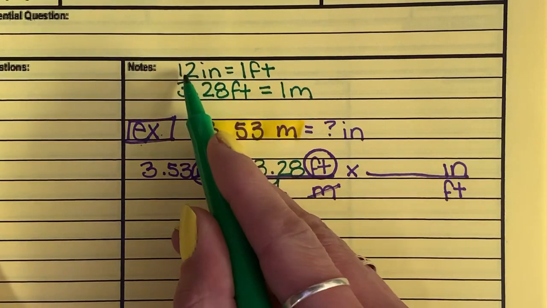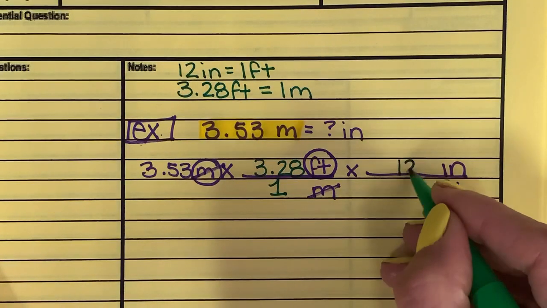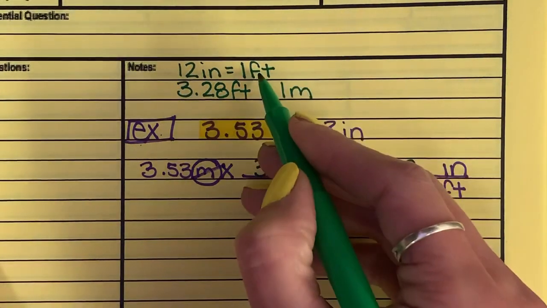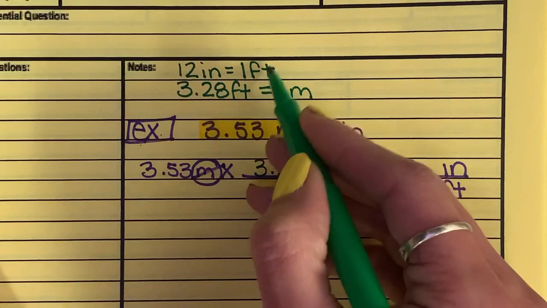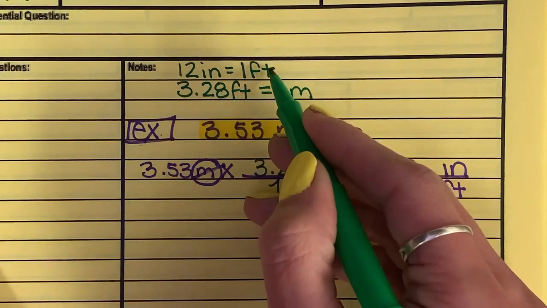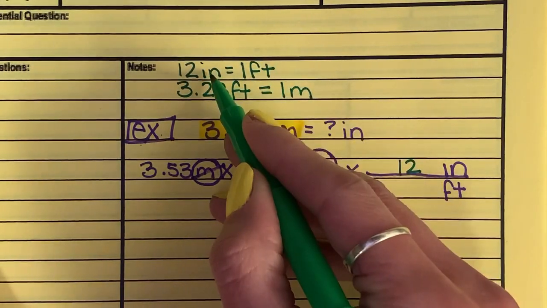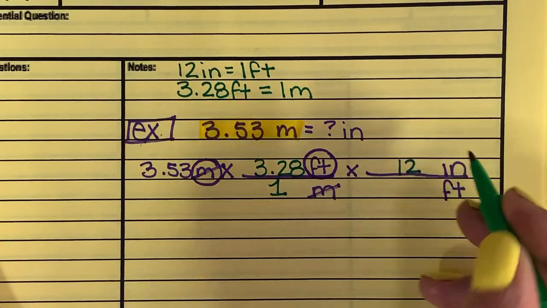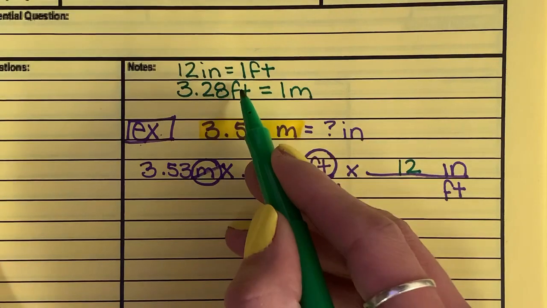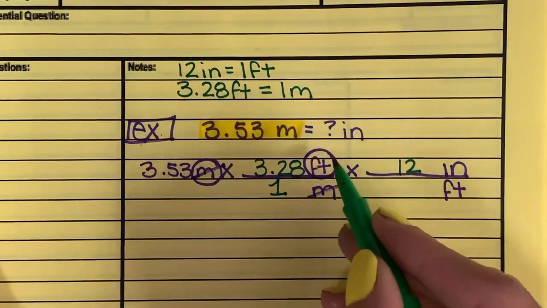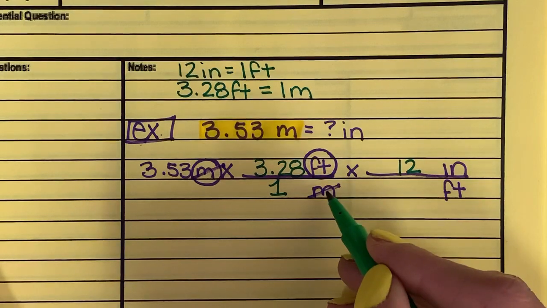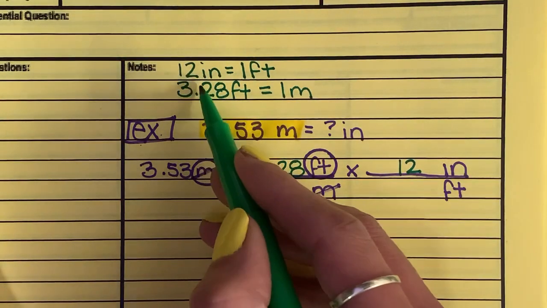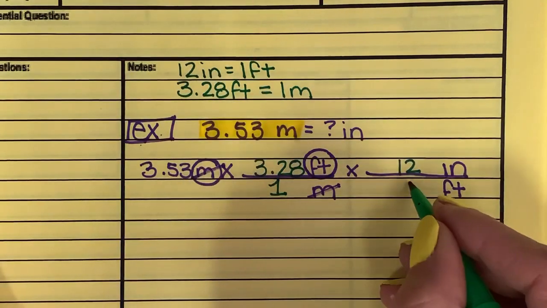Next to inches, I've got 12. Next to feet, I want to be careful. I've got feet twice, but I'm using the feet that's equal to the inches because I've got feet equal to inches. In the previous problem, I had to use the number that was next to feet that was equal to meters because I had feet and meters. So in this case, 12 inches is equal to 1 foot.